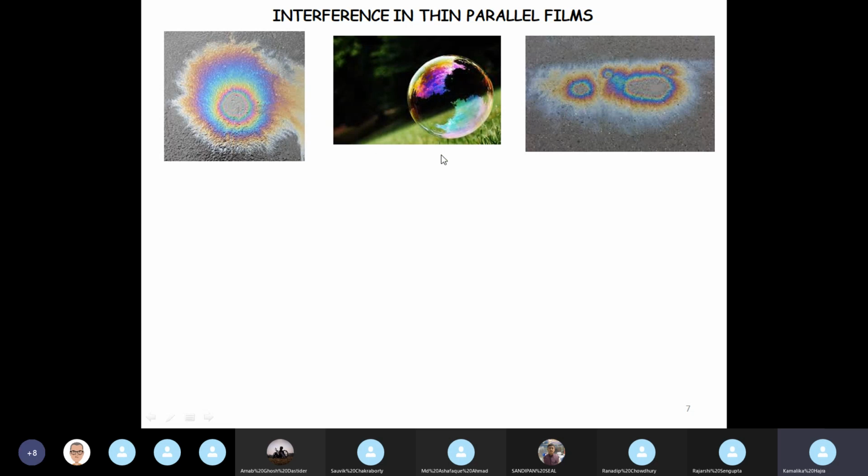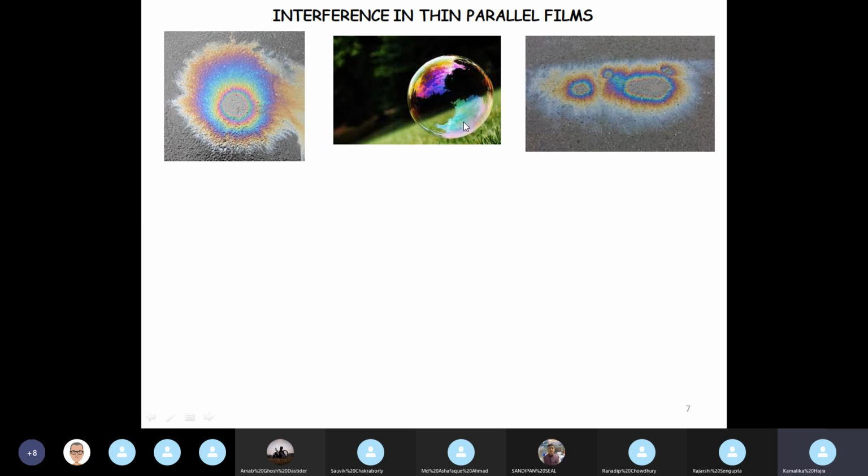Similarly, in a soap bubble, the bubble surface is made up of soap. Inside there is air, outside there is air. And the material of the soap definitely is denser than air, and it is very thin, but it has a finite thickness.